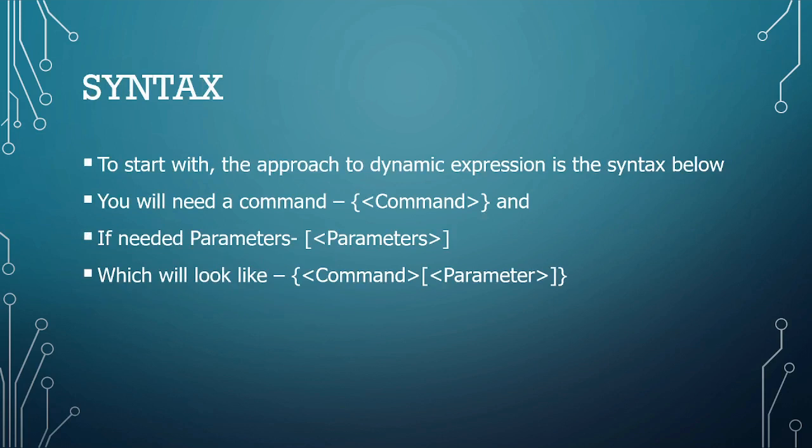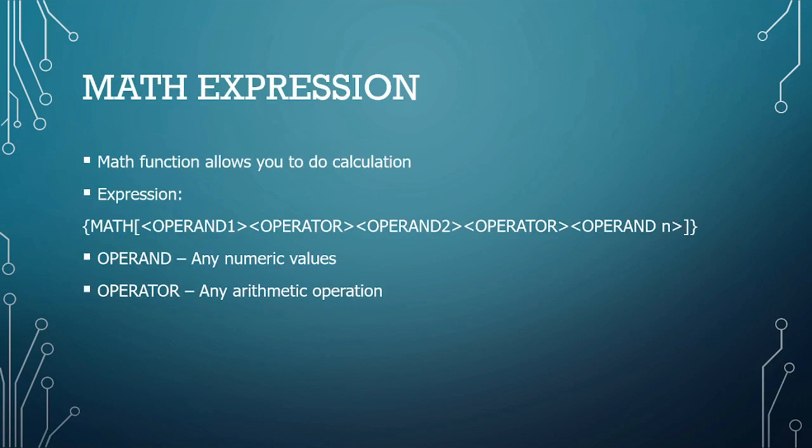If you relate this to our math syntax, this is our command or expression, and these are parameters, where operand 1, operand 2, up to operand n, there can be n number of them as per your requirement. These are numeric values which we enter. Suppose we are doing addition and we have to add 2 and 5. Then operand 1 will be 2 and operand 2 will be 5.